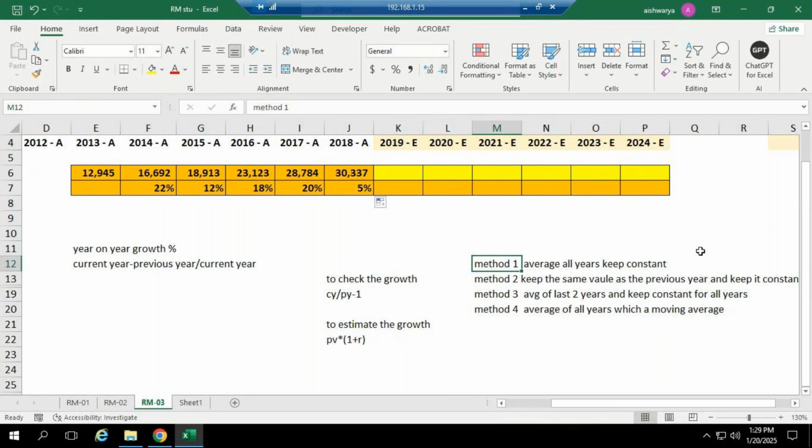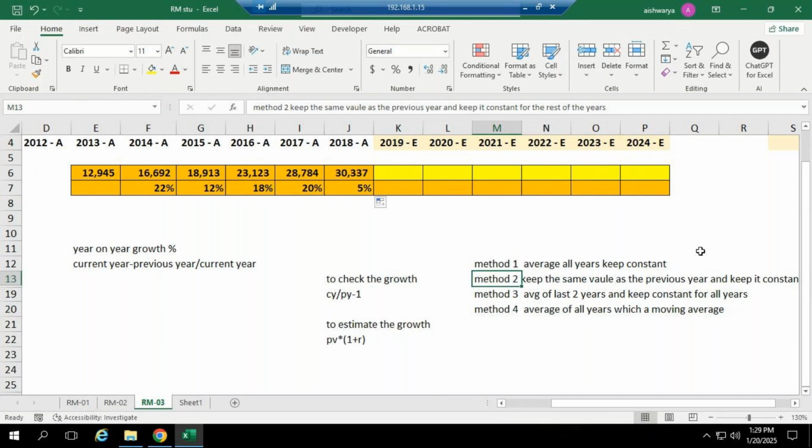The second method is keep the same value as the previous year and keep it constant for the rest of the years.